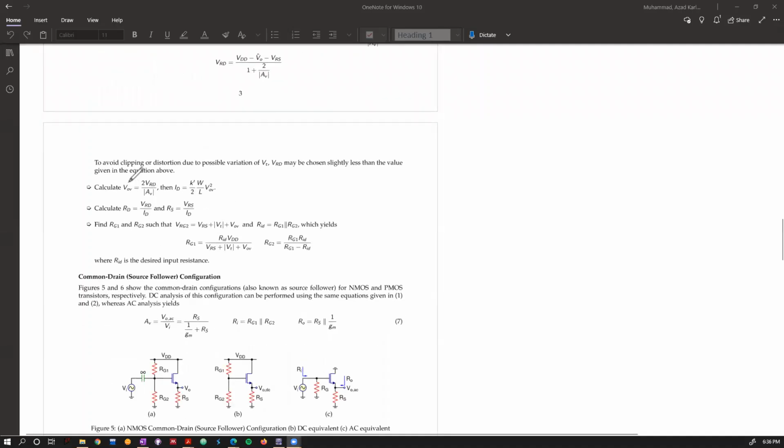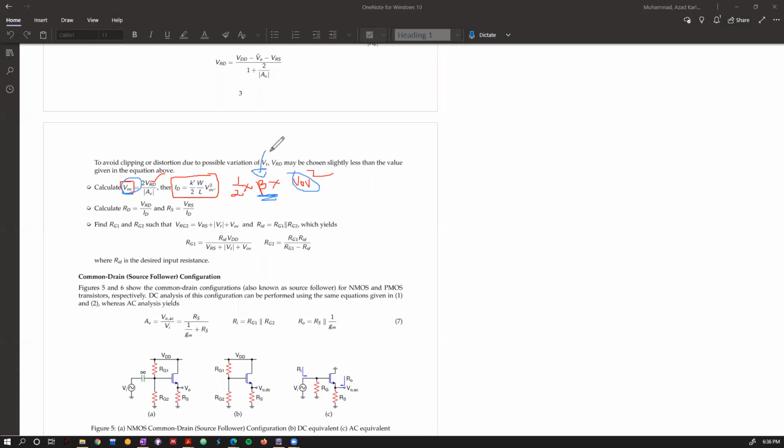Here you'll calculate the overdrive voltage using your VRD. Once you find your overdrive voltage, you'll find your ID. Keep in mind that ID here is half beta V overdrive squared, correct? And the overdrive value is something that you just calculated over here. But where do you get this beta from?